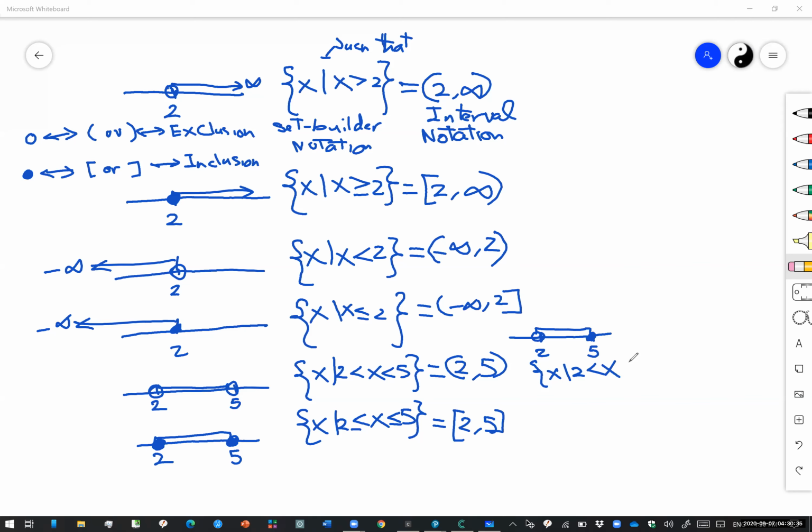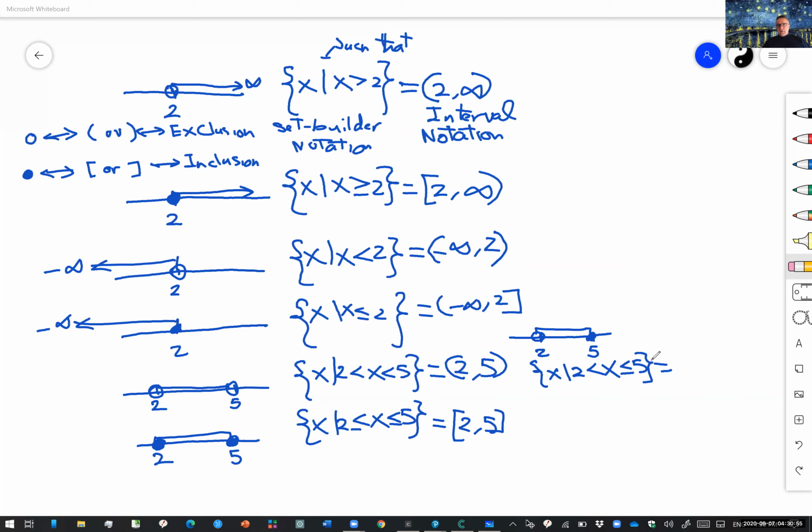And then less than or equal to 5, right? All right, so the way you read this, you say all real numbers between 2 and 5, right inclusive, right? That means include this one, don't include that one, okay?